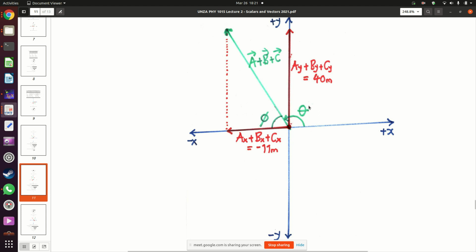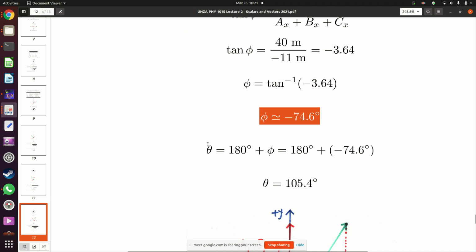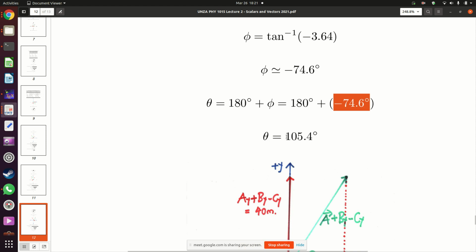So for us to get theta, we need to add this phi to 180 degrees. And that's what we do here. Theta is equal to 180 degrees plus phi, which is negative 74.6, and we end up with a theta which is equal to 105.4 degrees. Are we clear?